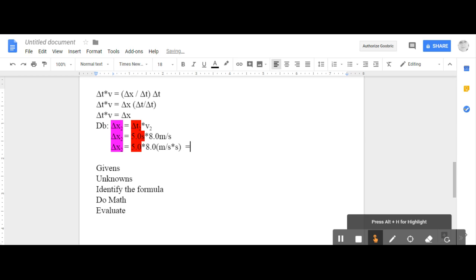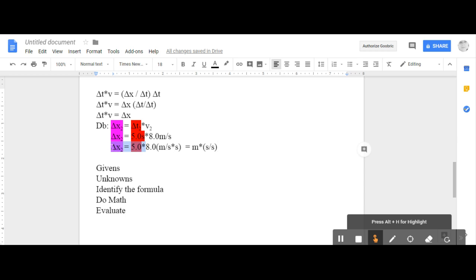And that's the situation you can write out where you have meters times seconds divided by seconds. So once again, anything divided by itself is 1, 10 divided by 10 is 1, 4 divided by 4 is 1, seconds divided by seconds is 1. So my unit seconds are going to cancel out. I'm going to just have meters.